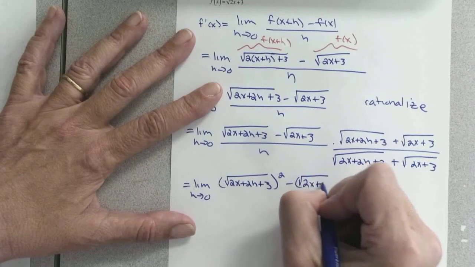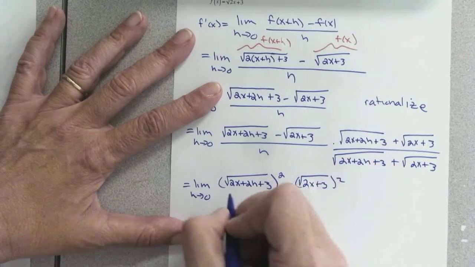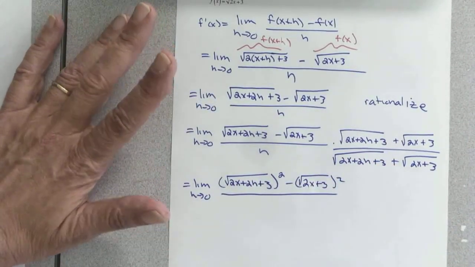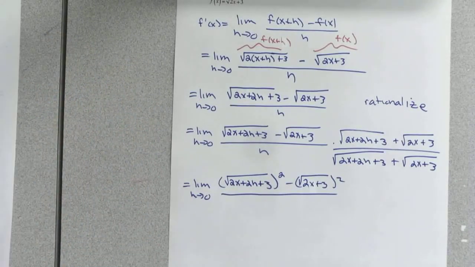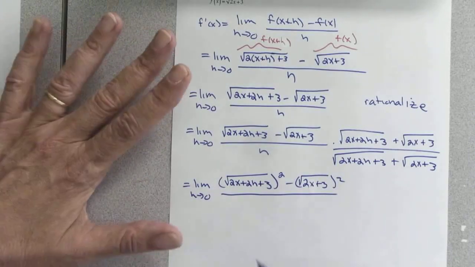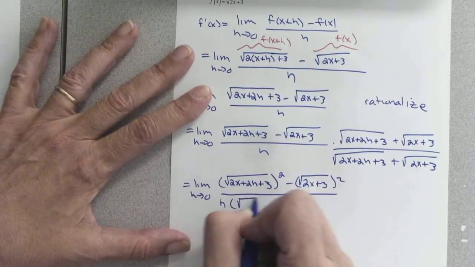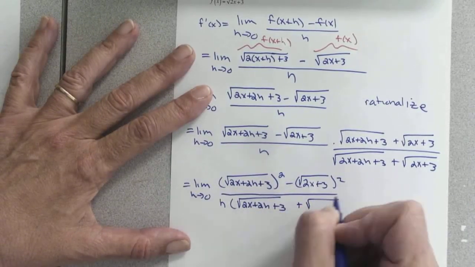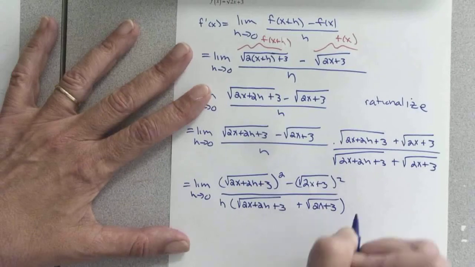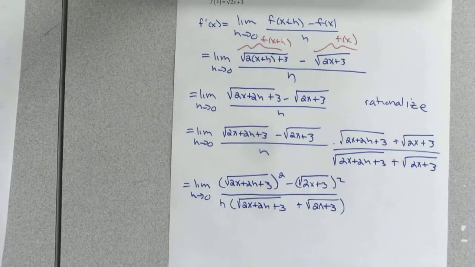Now, if you forgot that a plus b, a minus b always multiplied to a squared minus b squared, you could FOIL out the numerator and you would come up with the correct answer. It's just going to take you longer. And in the denominator, I'm not going to do anything except write those guys side by side. Because again, my ultimate goal is to cancel that h. And if I distribute that h through, it won't be as easy to cancel.